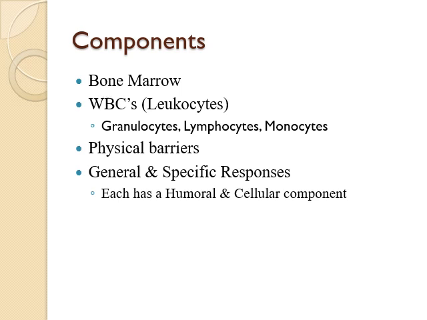So your immune system has both what we call a general and specific response, and then each of those has what we call a humoral or a bloodborne response, and a cellular component or a cell-mediated response. Okay, so you have a general non-specific response, which has a humoral and cellular component, and then you have a specific, or what we call an adaptive response, that also has a humoral and a cell-mediated.